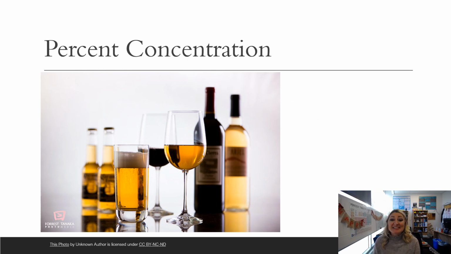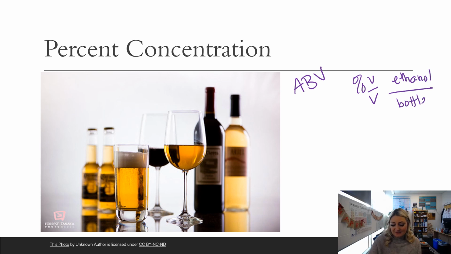We see percent volume by volume every time we think about the alcohol by volume or the ABV that we have in our beer or our wine. This is a percent volume by volume where you're looking at the amount of ethanol in a certain amount, your bottle of liquor, your bottle of beer, your certain amount of milliliters of solution.